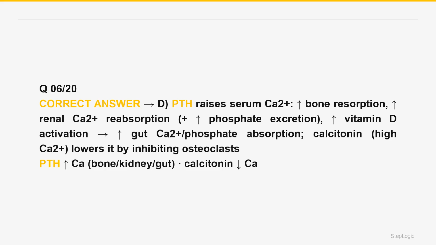It tones down calcium, though it plays a minor role in humans. Net: low calcium leads to PTH, which acts on bone, kidney, and gut via vitamin D to raise calcium. High calcium leads to calcitonin, which opposes. PTH raises calcium with phosphate excretion and calcitonin lowers it. This calcium framework is correct.